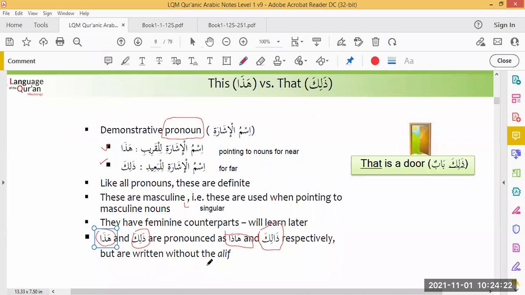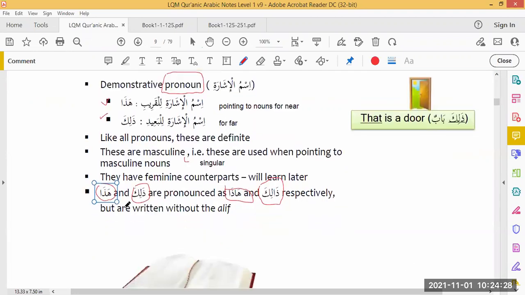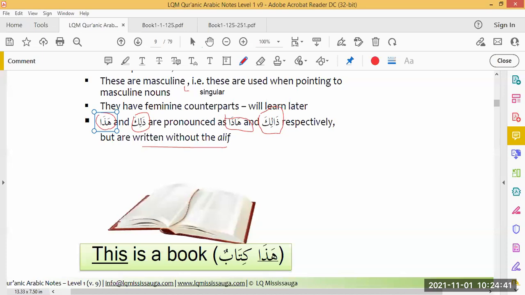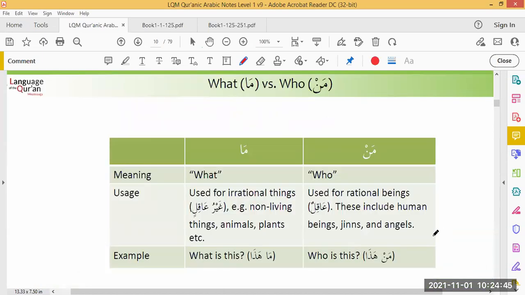Haza and zalika are written without the alif. This is a book. Haza kitabun.